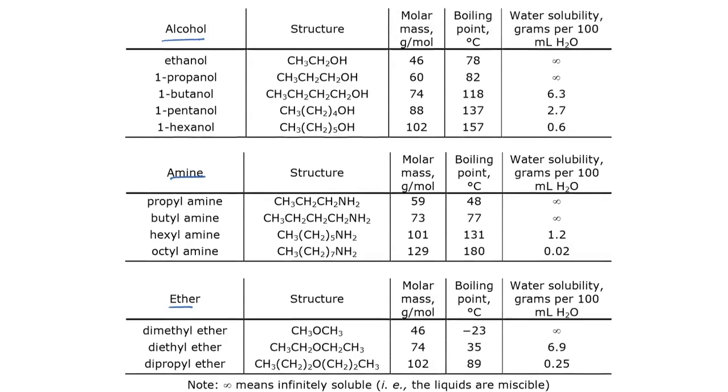In this table, we have a condensed Lewis structure to show you what the formula is and how the atoms are bonded. We have the molecular weight, also known as the molar mass. We have the boiling point, and we have the water solubility. In this case, we have this infinity symbol, which is a little bit different than the proportionality symbol that we saw in the gas law activity, but very similar.